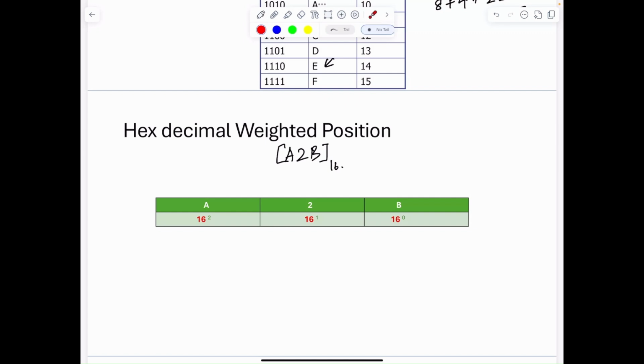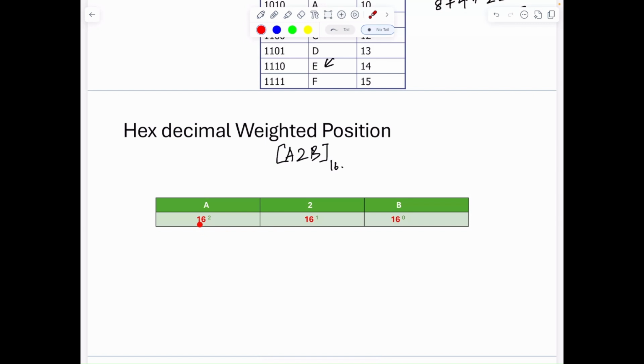All right. So based on the weighted positions, it's the same weighted position rule. So in this case, I have a hex number, A B 2, right? So this is a hex number, A B 2, base 16.